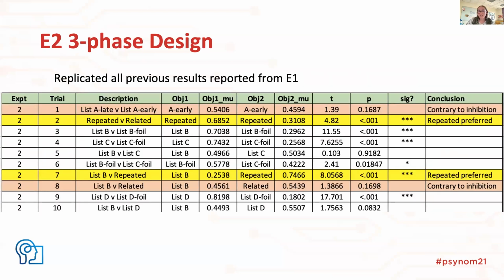Again, for the sake of brevity, I want to briefly note that we replicated all of the findings from experiment 1 in experiment 2. So remember, experiment 2 was different because it had a three-phase design typical of induced forgetting experiments, but it was atypical in that it used the speeded two-alternative forced choice tests.